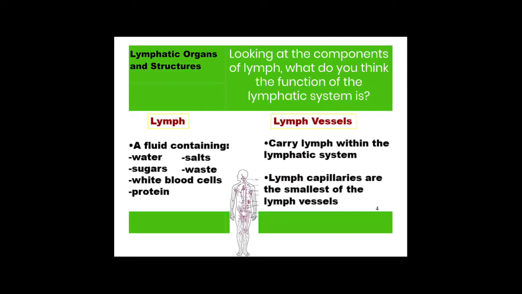There's a bunch of other things in lymph: water, salts, sugars, waste, etc. that's bringing nutrients. How this is going to bring those nutrients is the lymph vessels, which are next to capillaries, and they're going to exchange the lymph fluid to fight off infections.